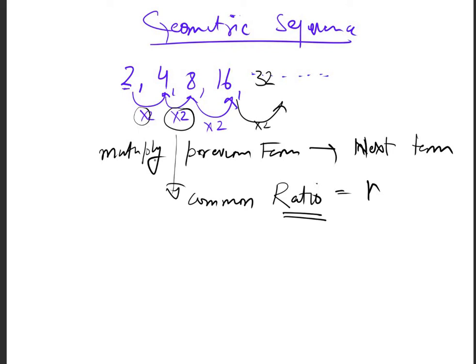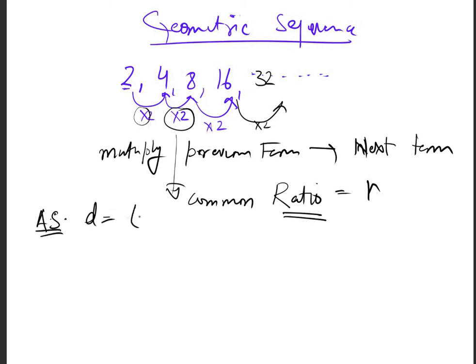Why is it called a ratio? The word ratio comes from the very basic formula of how you calculate this r. In the world of arithmetic sequences, how did you get your common difference, your d?